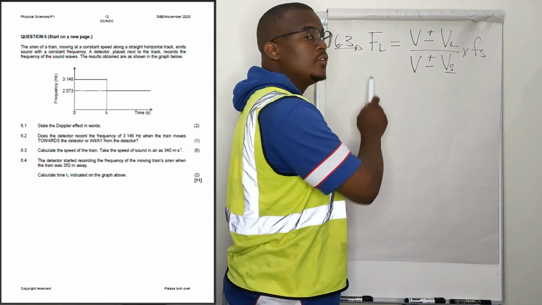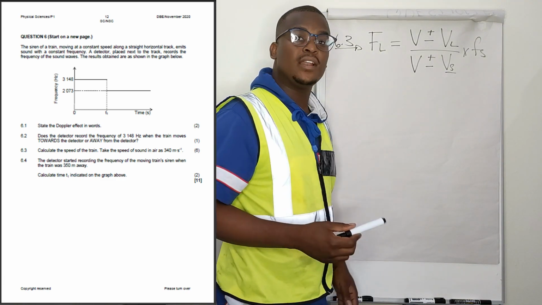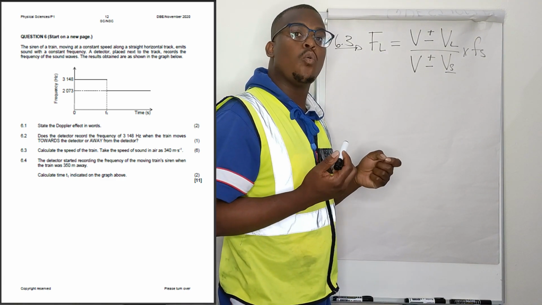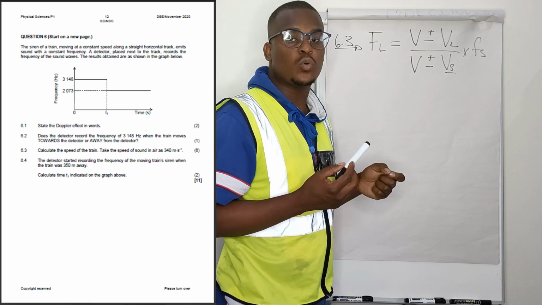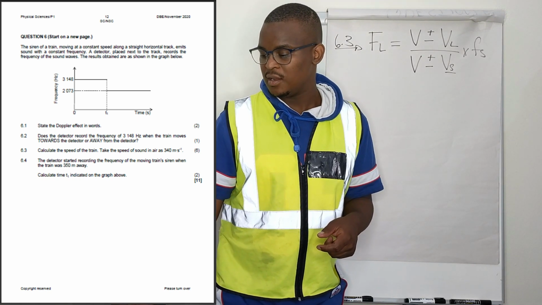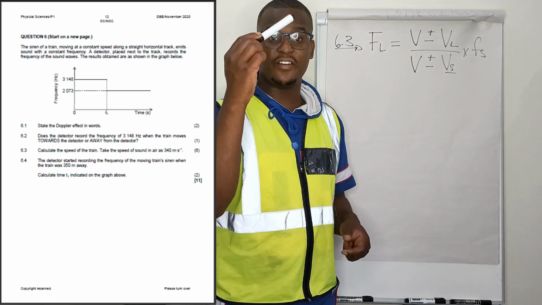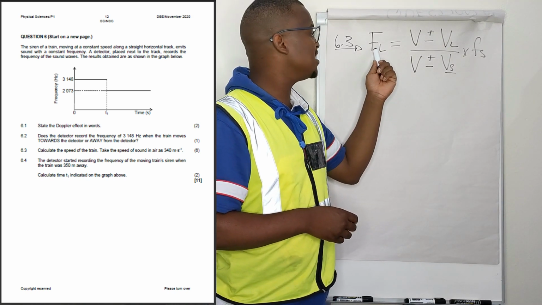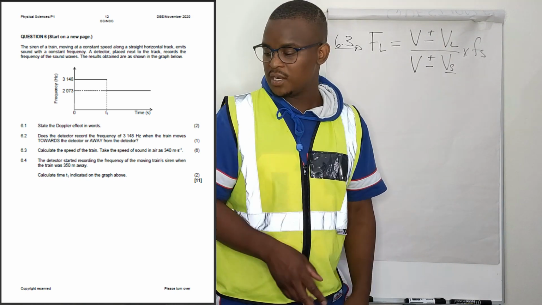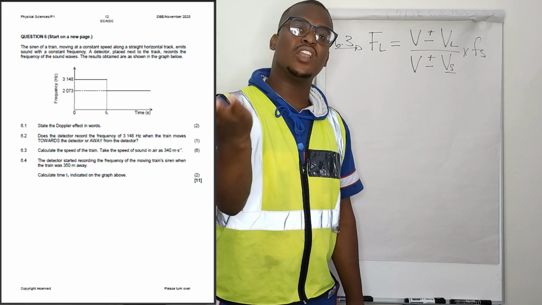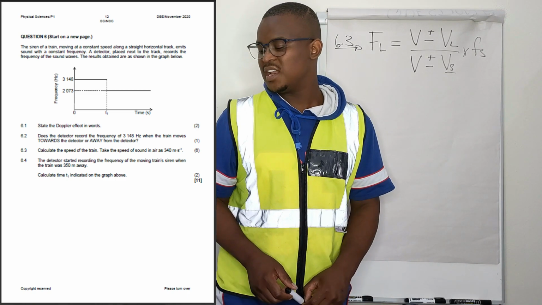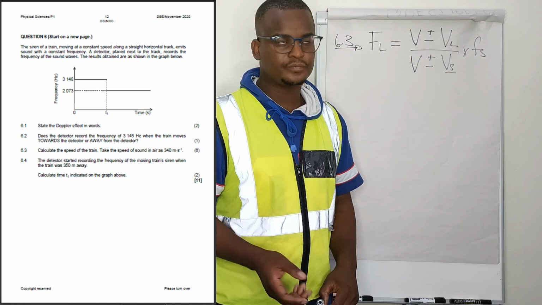We do have the frequency of a listener when the source was approaching us, which was 3148, the higher frequency. And we have the second one, when the source was moving away, the lower frequency, which was 2073 Hertz.